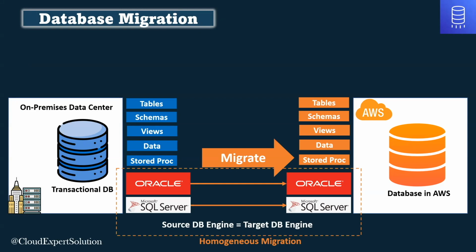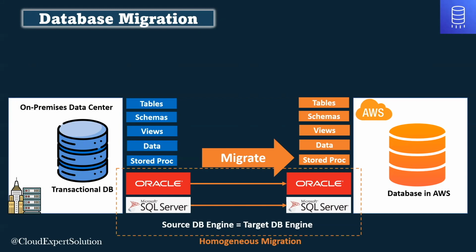But nowadays, with the invention of cloud, most of the time you will find a use case where you will not perform a homogeneous migration. Homogeneous migration is very easy. You are not taking any extra care. You are just taking the data or the engine, doing a lift and shift and putting it into an AWS database or a managed database offering.